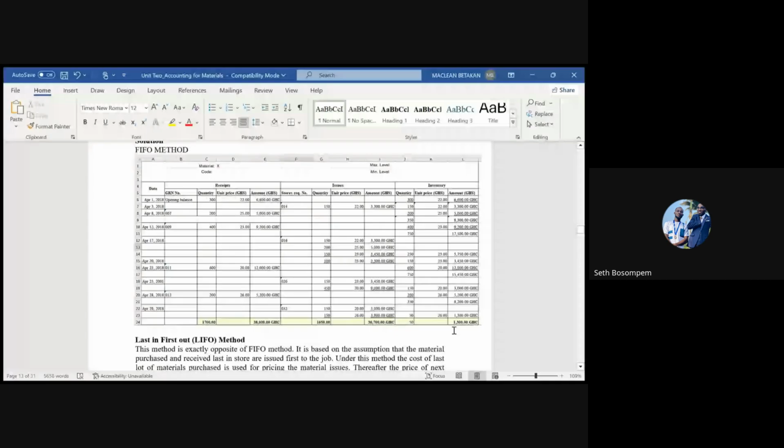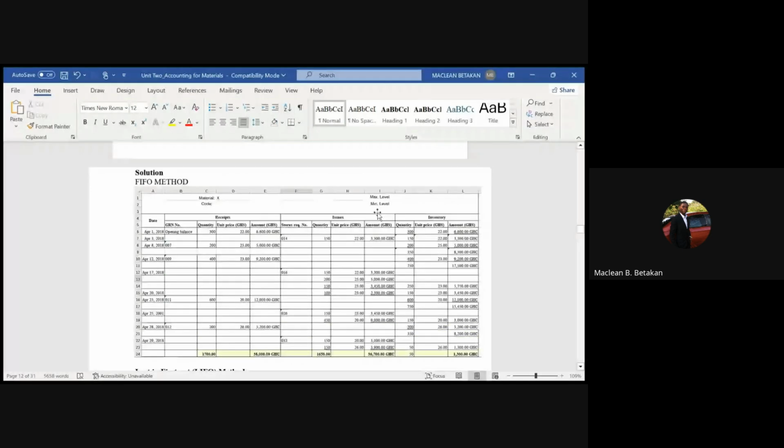So when we were starting, we said the opening balance is supposed to be in the inventory, but you brought it at the receipts. So that one too, was it added or not? It was added. So the logic is that the opening balance is also a receipt in the month of April, but actually it's supposed to be our inventory balance at the beginning of April.